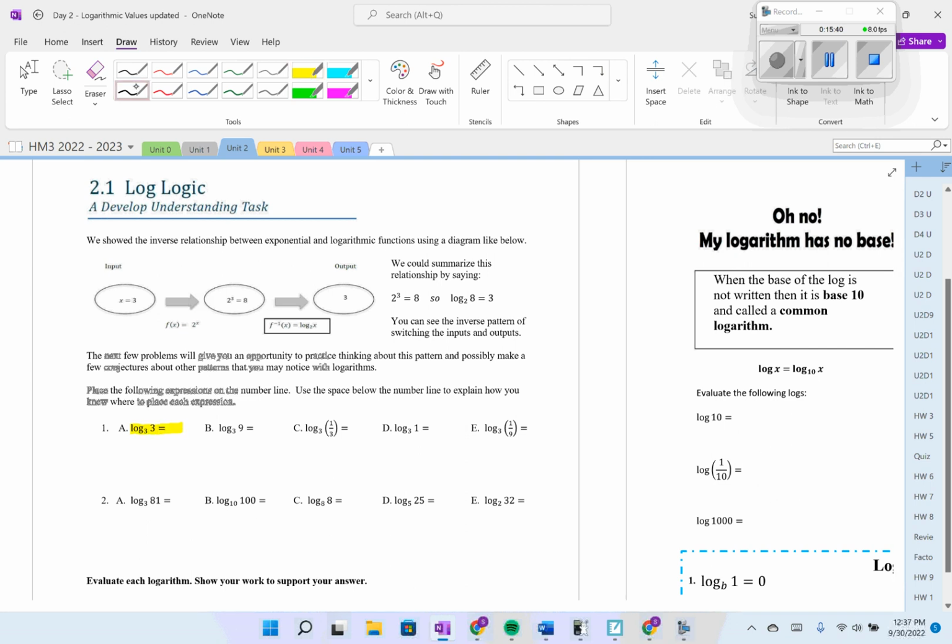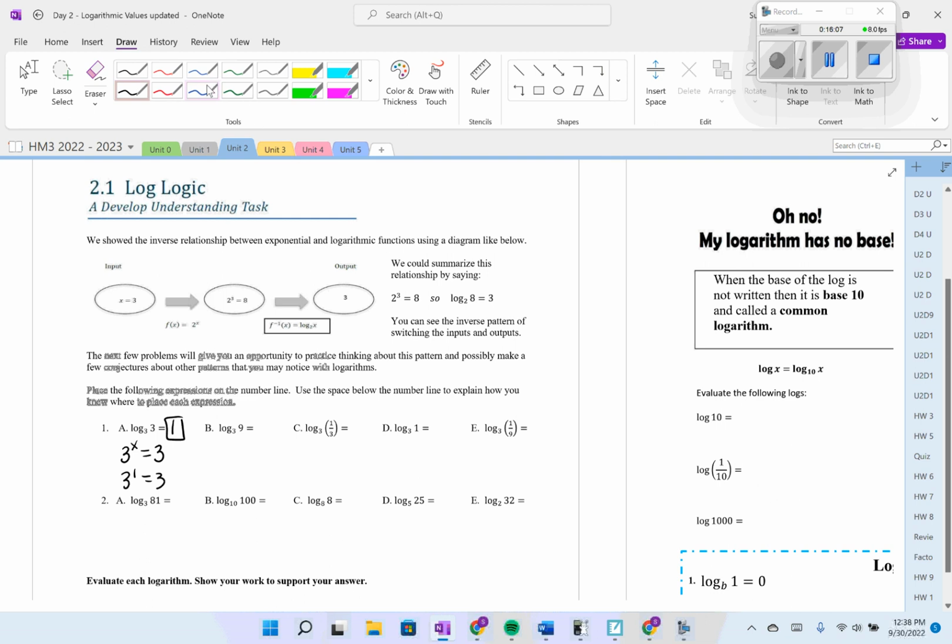So I'm going to rewrite this in exponential form to help me. I'm just going to put an x here. So 3 to what power equals 3? Well, we know that then the exponent would have to be an exponent of 1 because 3 to the first power equals 3. So that means that the answer to this log would be, oops, not 3, would be 1.